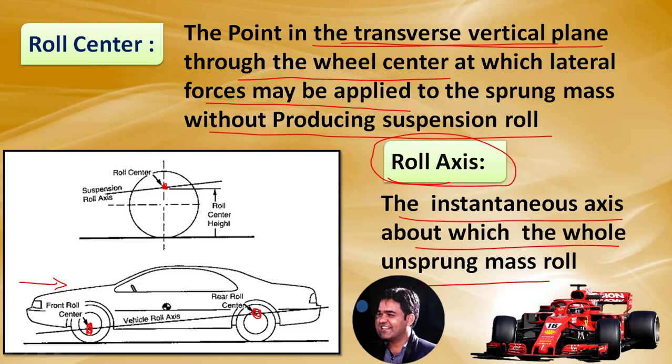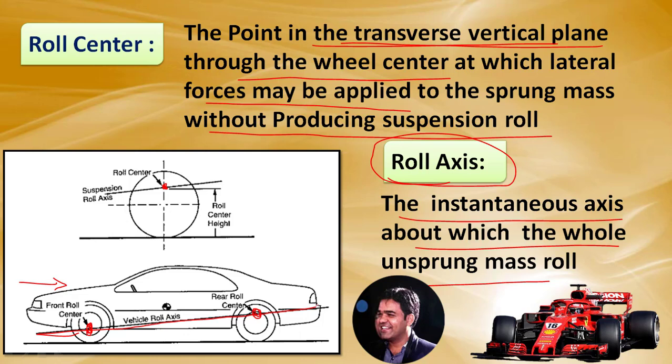So the vehicle roll axis you can define as the instantaneous axis passing through both roll centers, and it is the axis about which the sprung mass may roll. So this is what the roll center and the roll axis are.